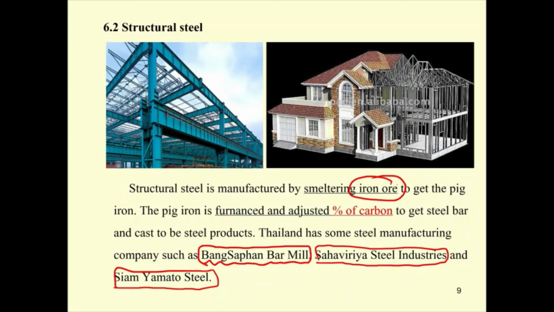We don't have iron ore in Thailand. We buy pig iron, which is iron ore that has only gone through a manufacturing process. This pig iron is burned and adjusted to some percent of carbon, and then we produce some types of structural steel. And we have many grades of them.